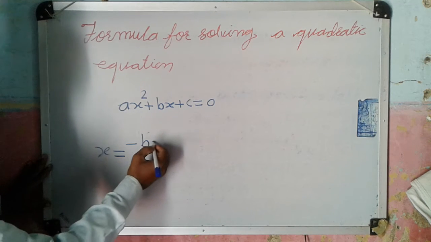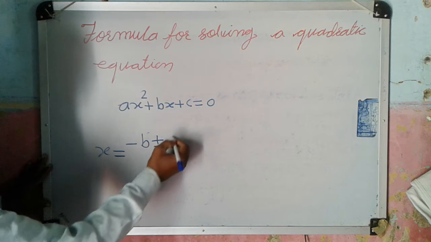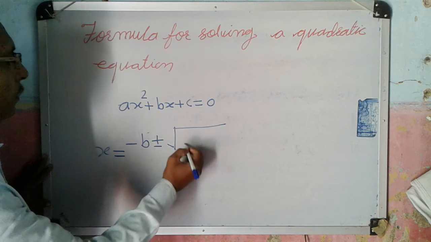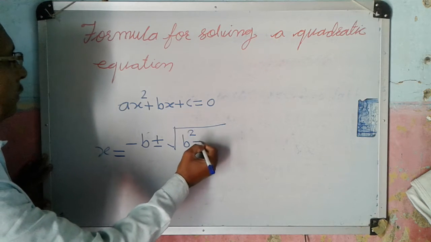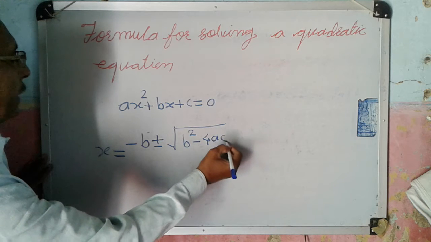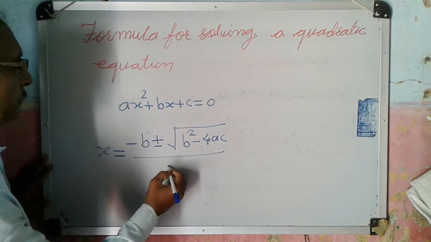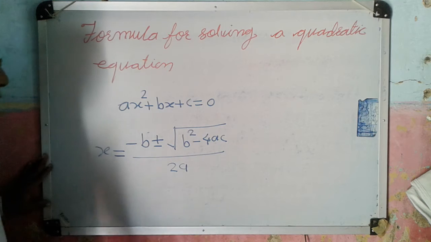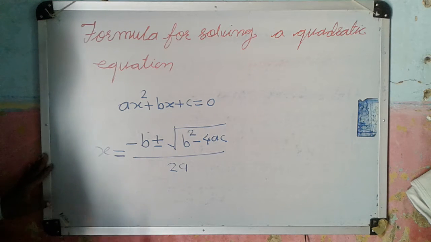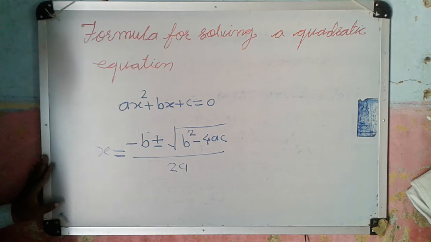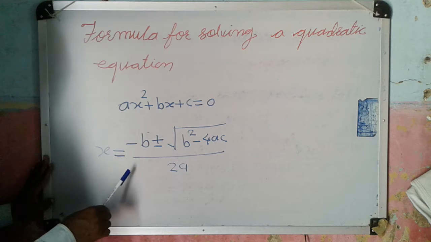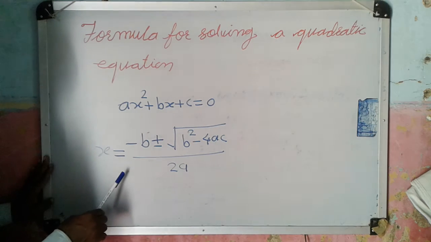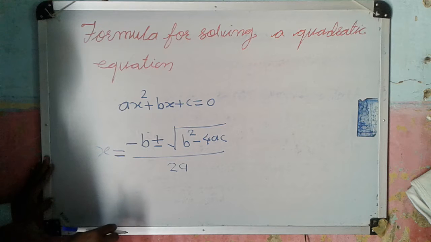X is equal to minus b plus or minus under root b square minus 4ac upon 2a. So here, this is the formula to find the roots of quadratic equation.